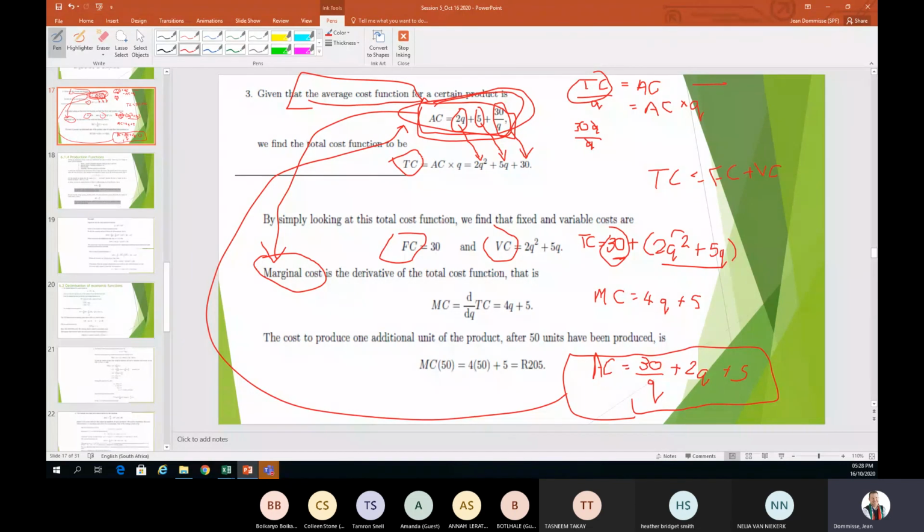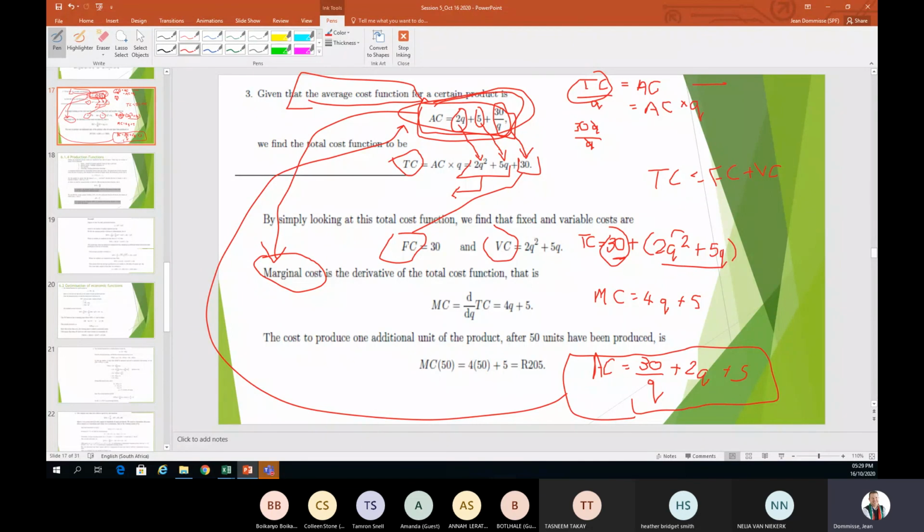So they need to tell you part of the total cost is a fixed cost of that. But again, that could have been your fixed cost because it doesn't include a Q. That could have been your variable cost because both of it has a Q.